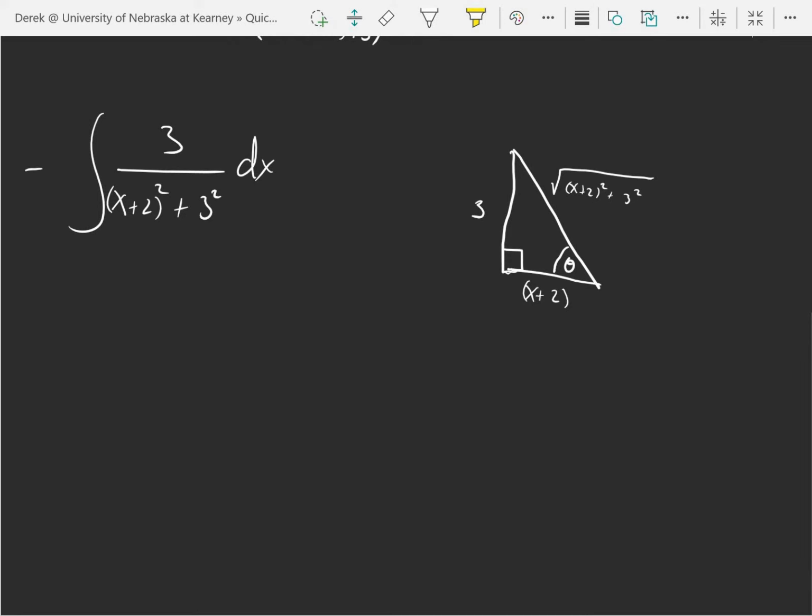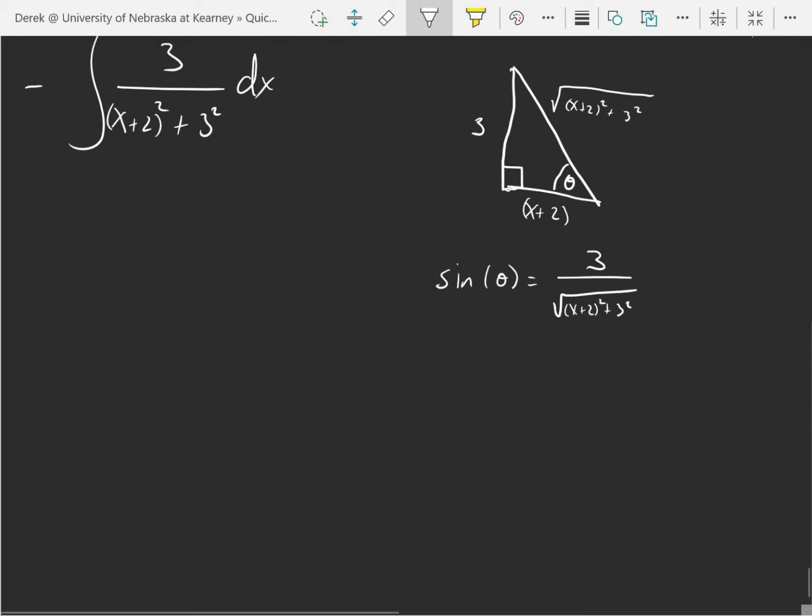Okay, so what do I have here? I've got 3 divided by the hypotenuse. So if I look at this, the opposite over the hypotenuse, or the sine of theta, is equal to 3 over the square root of (x plus 2) squared plus 3 squared, which means that sine squared of theta is equal to 9 over (x plus 2) squared plus 3 squared.